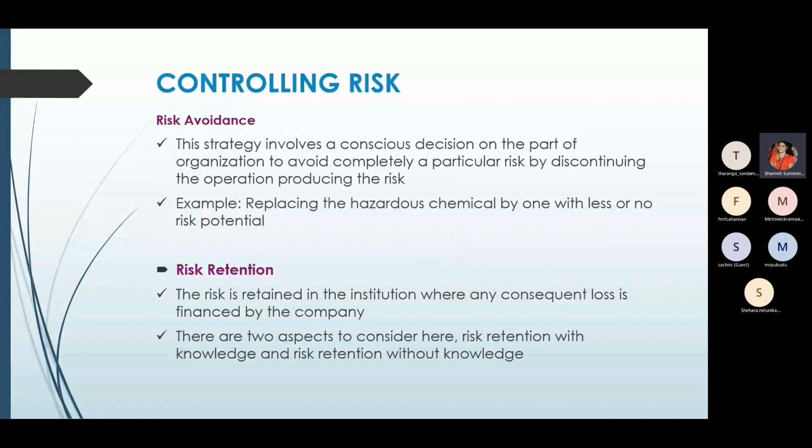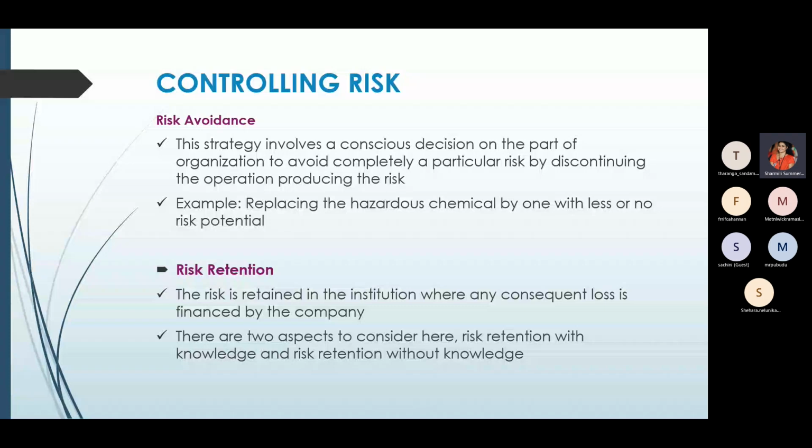This strategy involves a conscious decision on the part of the organization to avoid completely a particular risk by discontinuing the operation producing the risk. So risk avoidance means simply, whatever activity or action gives rise to the hazard, we stop that action completely. Once we stop that action completely, there is no occurrence or emergence of the risk.